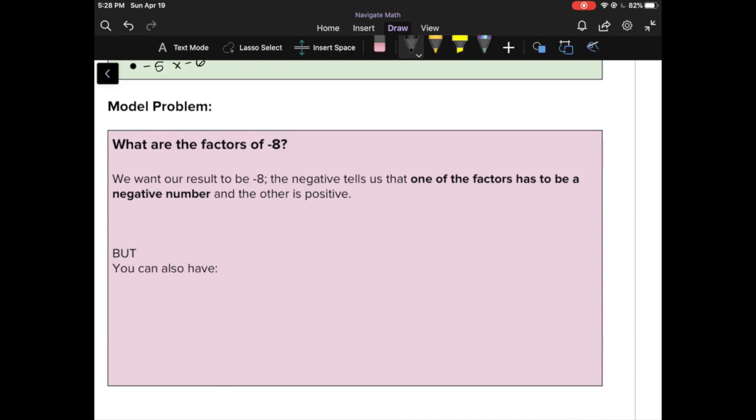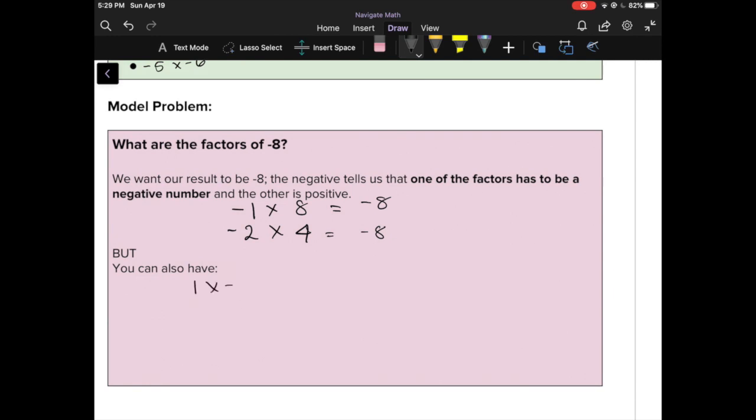Here's the next one. What are the factors of -8? Well, we want our result to be -8. The negative tells us that one of the factors has to be negative and the other one has to be positive. So, this means we have -1 times 8, because one of them is negative and one of them is positive. -2 times 4, because -1 times 8 is -8, and -2 times 4 is -8 as well.